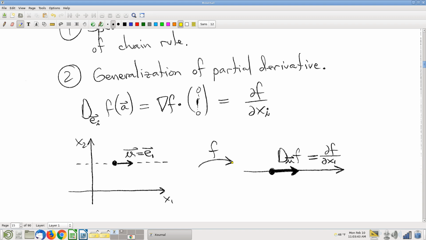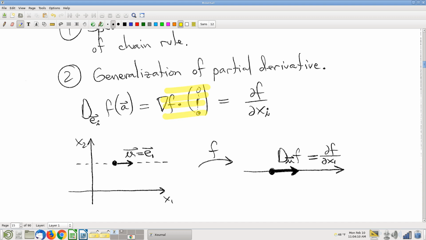And I like to make this other observation. It's a generalization of the idea of a partial derivative, right? Notice, if you use a standard basis vector, that's a unit vector. If you use a standard basis vector as your unit vector, compute the dot product with the gradient with that standard basis vector, and see how this dot product works out.